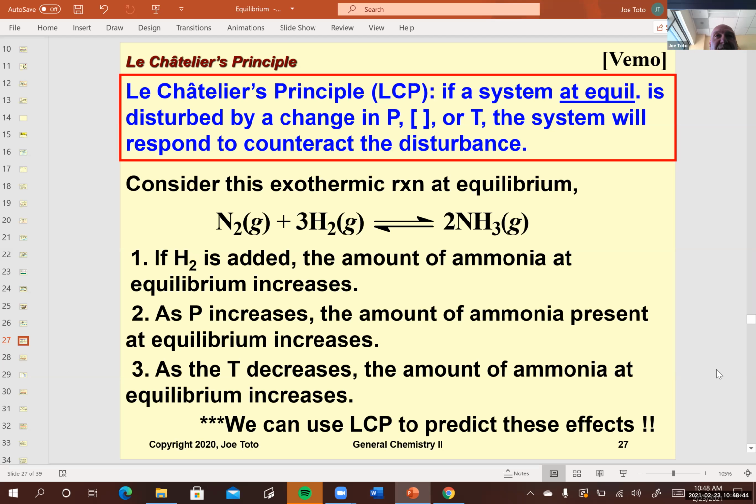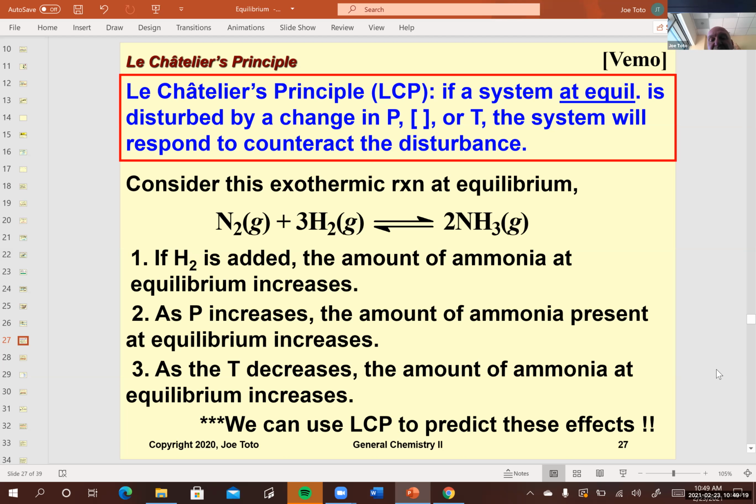We studied all this equilibrium concept, but now that we know something about equilibrium, can we use this knowledge to govern over or dictate some possible shifts of reactions that are already at equilibrium? Can we push them maybe towards more products? And Le Chatelier's principle is just that. It's the study of how reactions at equilibrium respond to certain stresses that are put on that equilibrium.